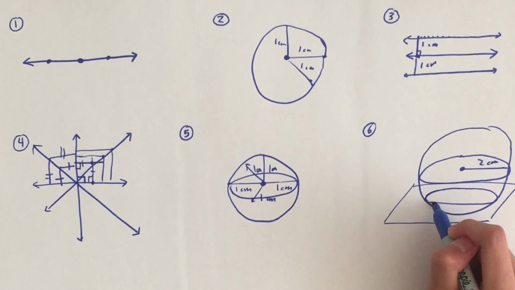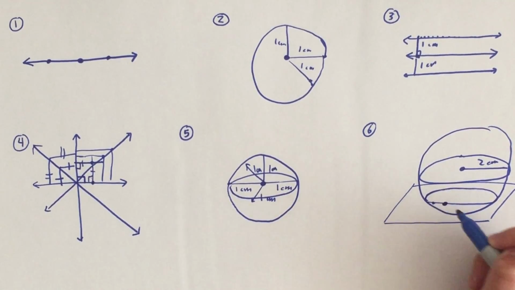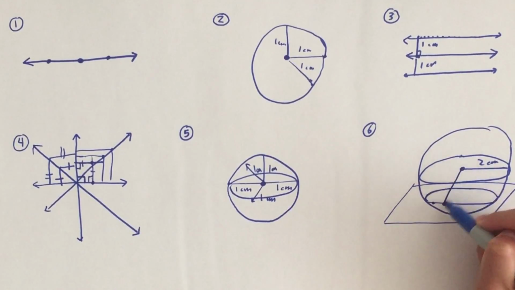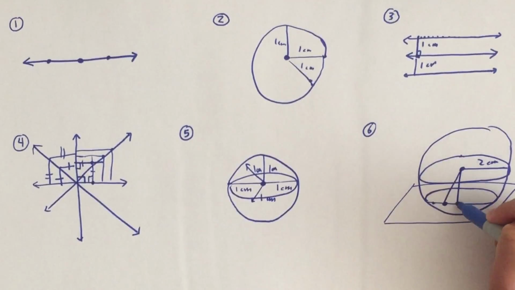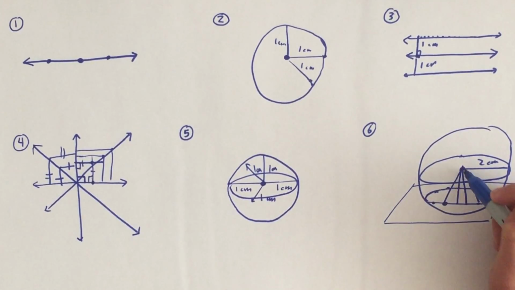Each one of these points, so let's say that this part is where the sphere intersects the plane, so let's choose one point right here. This point right here would be 2 centimeters away from the center because that's a radius of the sphere, and it's also on the plane. And any one of these points right here on this disk, they're both on the plane and 2 centimeters away from that point.